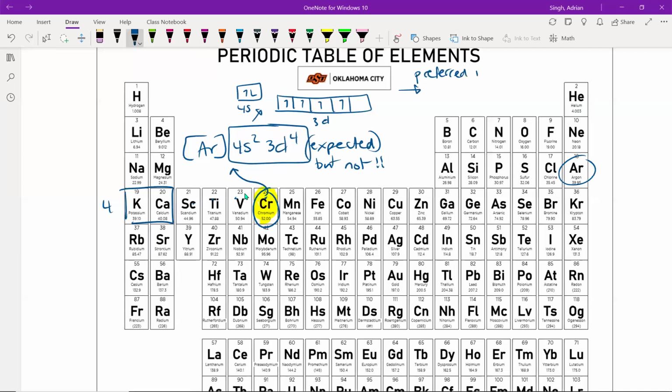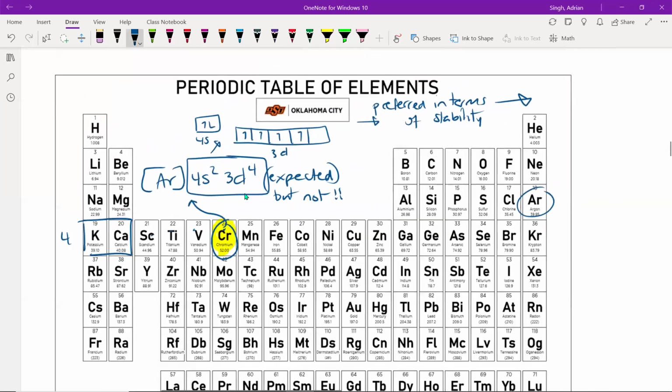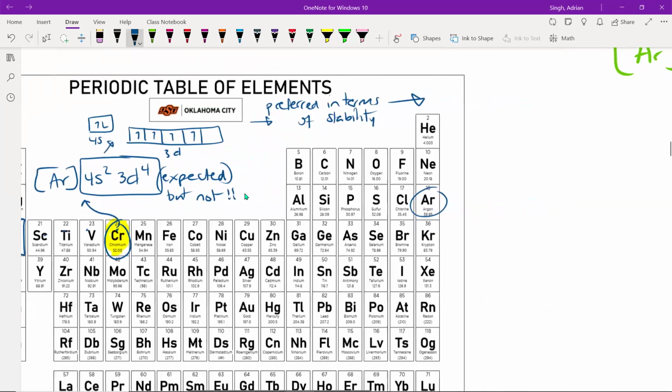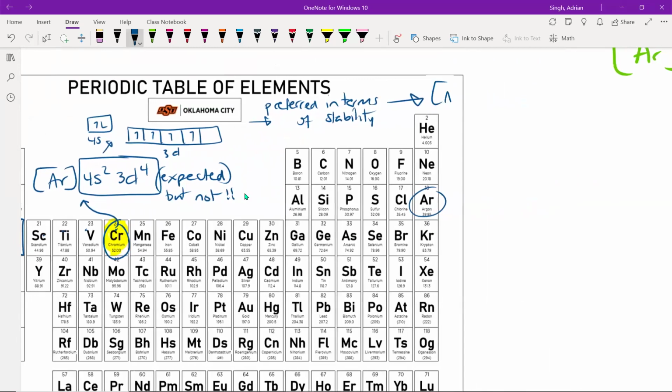What is preferred in terms of stability is instead having an electron configuration that now looks like this. We're going to have argon, then 4s1, 3d5.